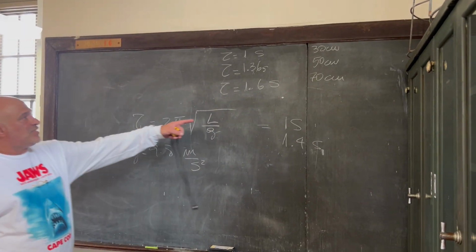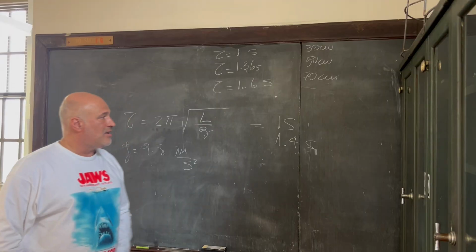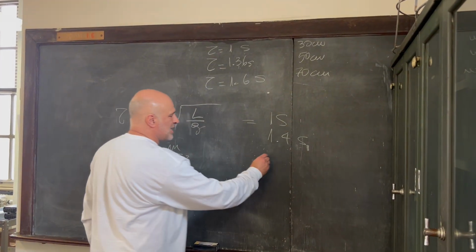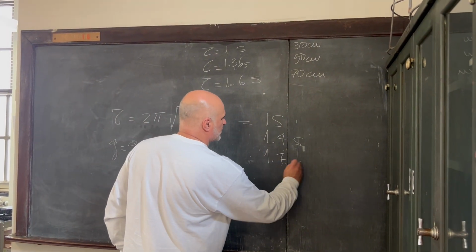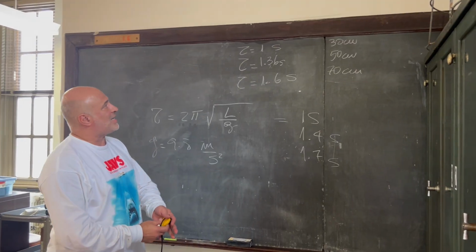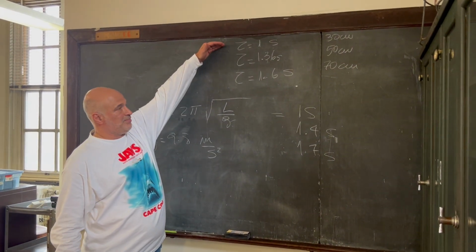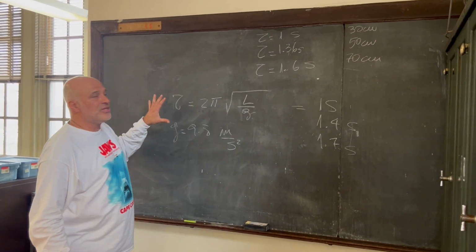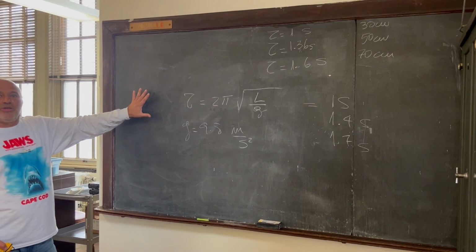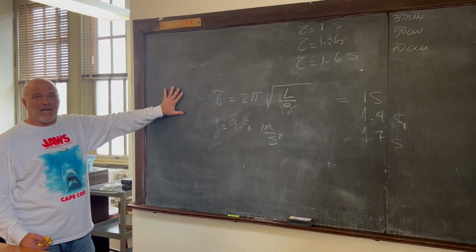And when we do this for 0.7 meters, we get something like 1.7 seconds. So we can see that our experiment really matched the prediction of the formula discussed in class.